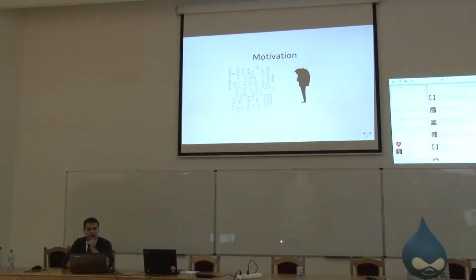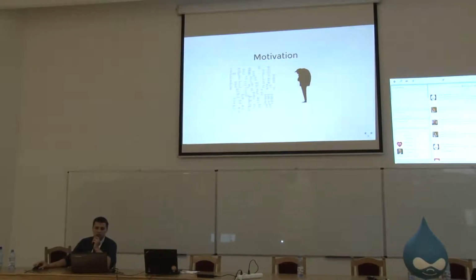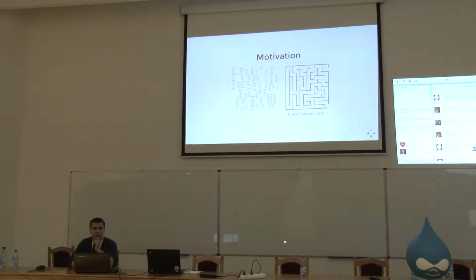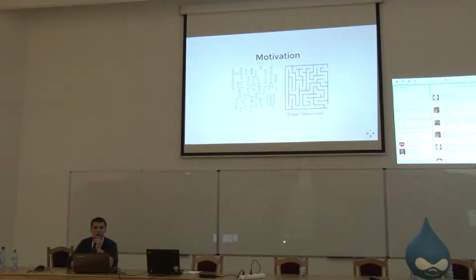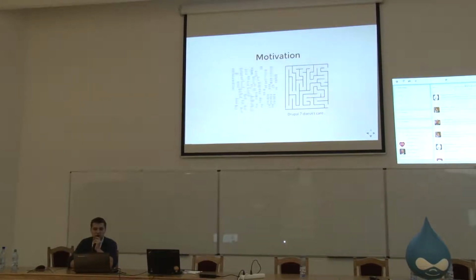If you check the structure of the database in Drupal 7, you see a lot of tables, and maybe you even see something like a maze game when you try to find what is content and what is configuration. So actually there's no solution in Drupal 7.